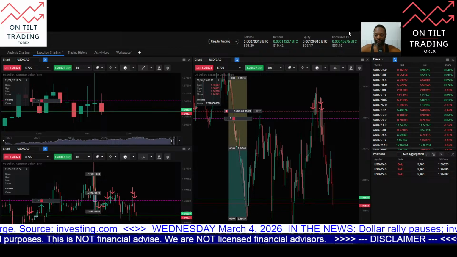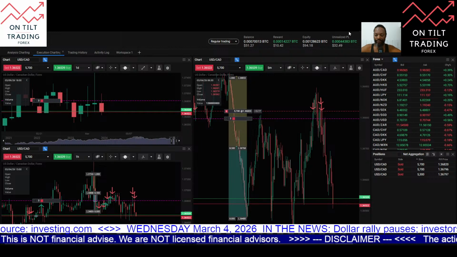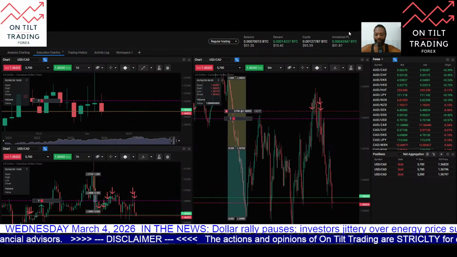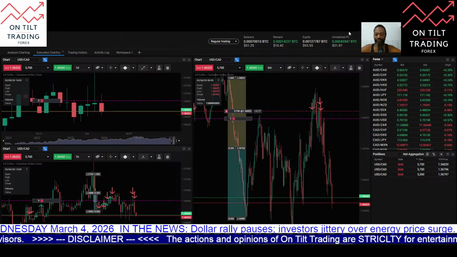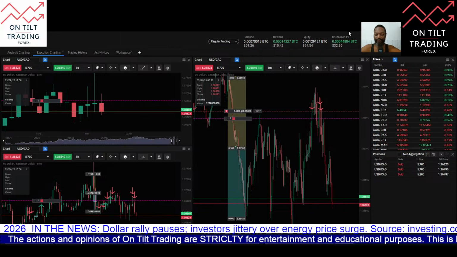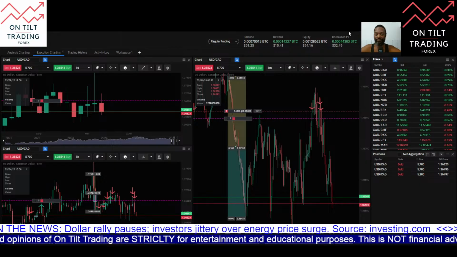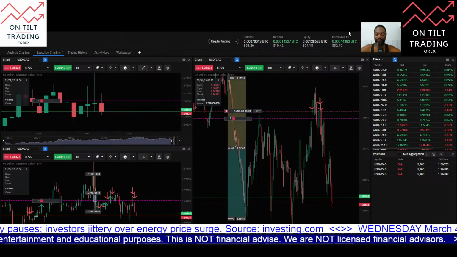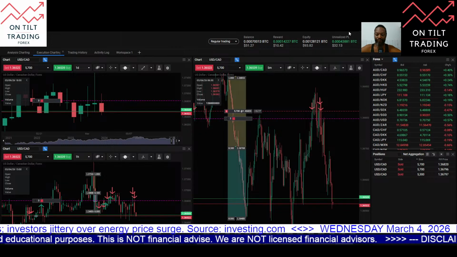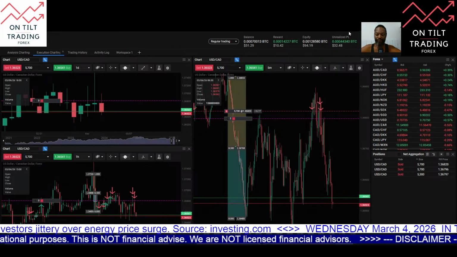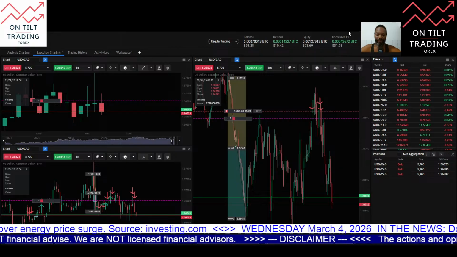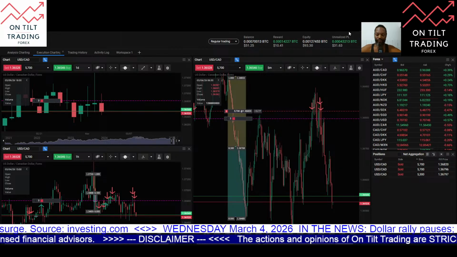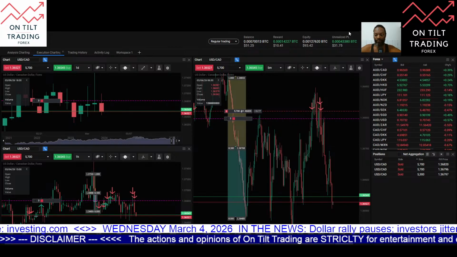Price consolidating here near the 136.500, 136.520 level. Price just consolidating here.